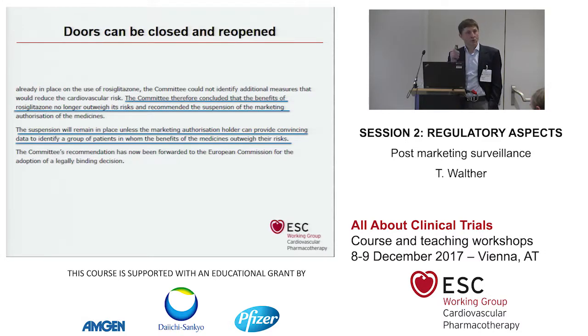If you are able to provide data making a case that the conclusions so far have been wrong, or, and this is more likely, that there is a subpopulation of patients who significantly benefit from Rosiglitazone without the concerns of myocardial infarction, then you can reapply for a marketing authorization related to such a specific patient population.